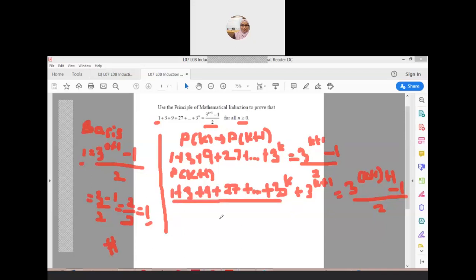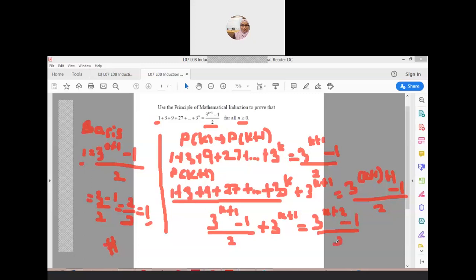So replace it with the original one, 3 power of k plus 1 divided by 1, minus 1 divided by 2, plus 3 power of k plus 1 is equal to 3 power of k plus 2 divided by 1.